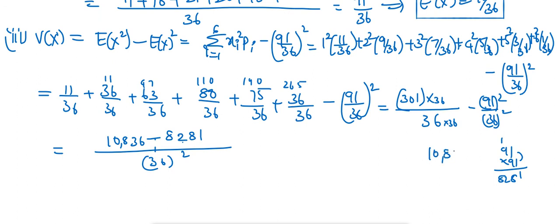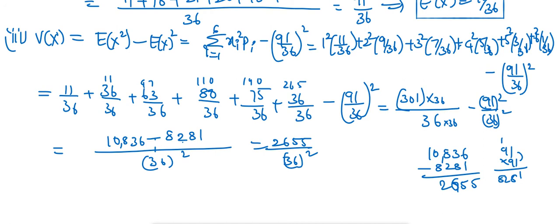So 10,836 minus 8,281 is 2,555, divided by 36 squared. After simplification, we are getting 1.9713.